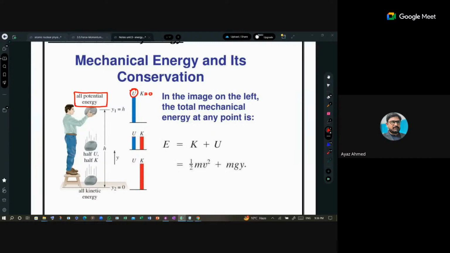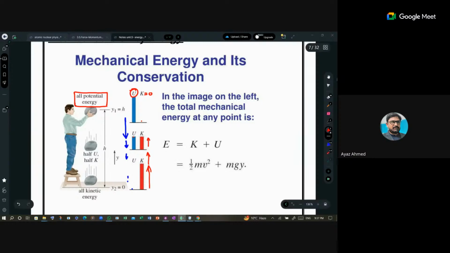Remember, blue is decreasing and red is increasing. Blue will decrease and finally reach zero. But this red one was zero over here, and now it is increasing and increased a lot. It means all of its potential energy is converted into kinetic energy.